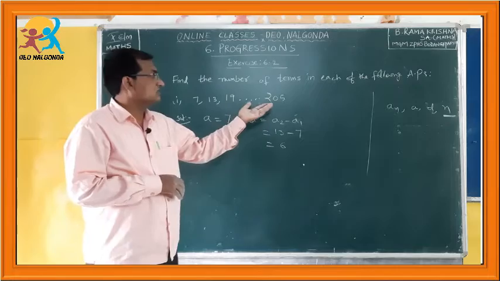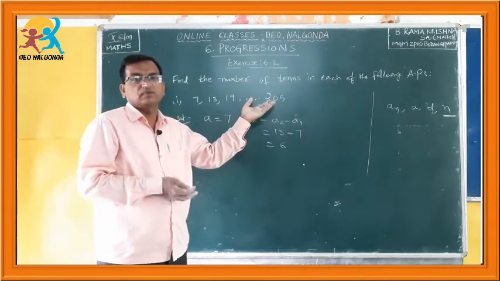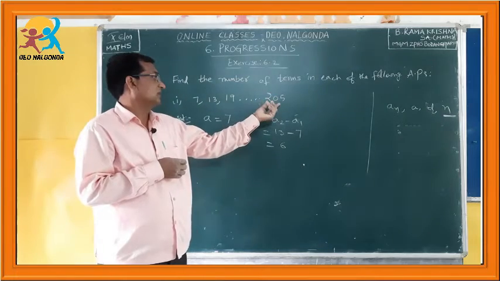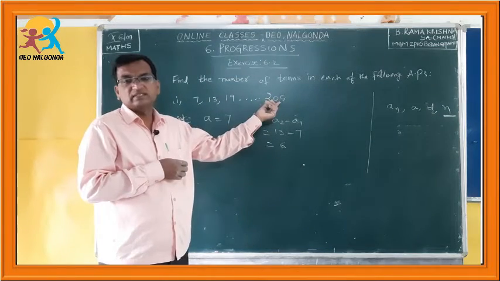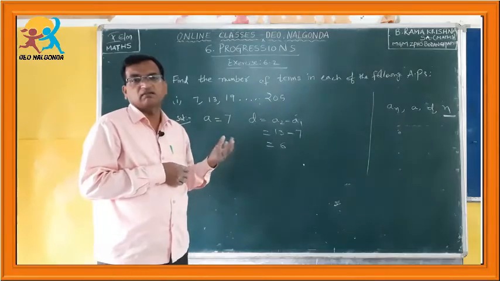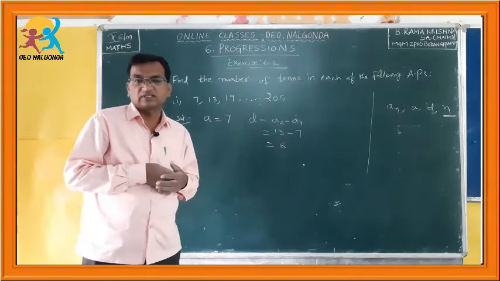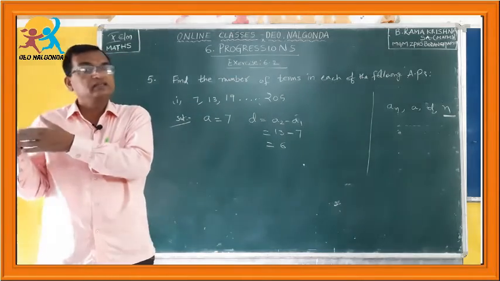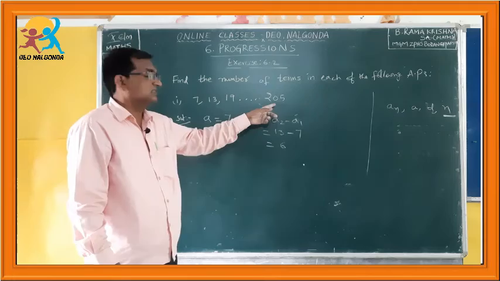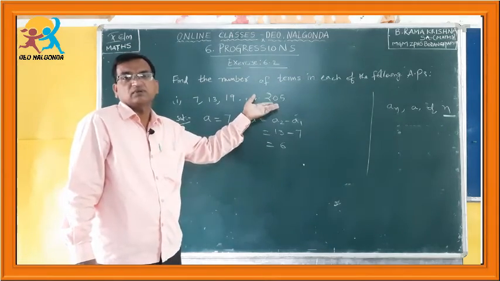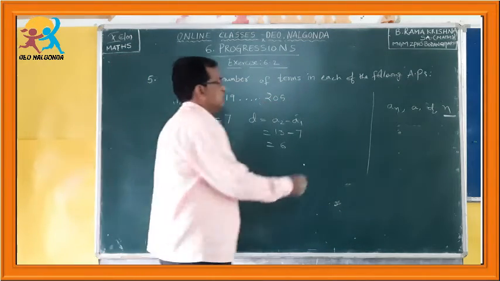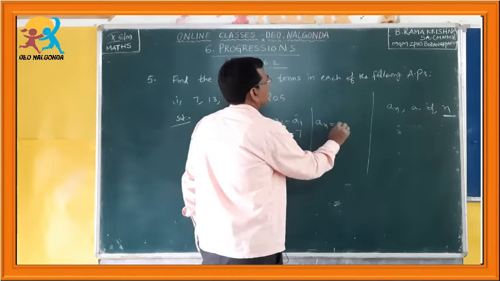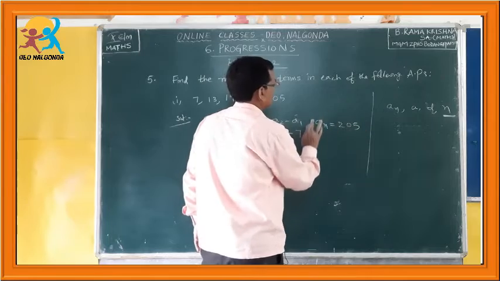If n is the number of terms in a particular progression, then an becomes the last term. So an is equal to 205, this is also given.